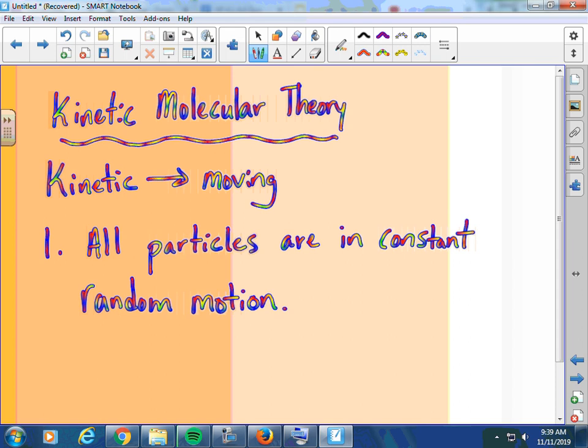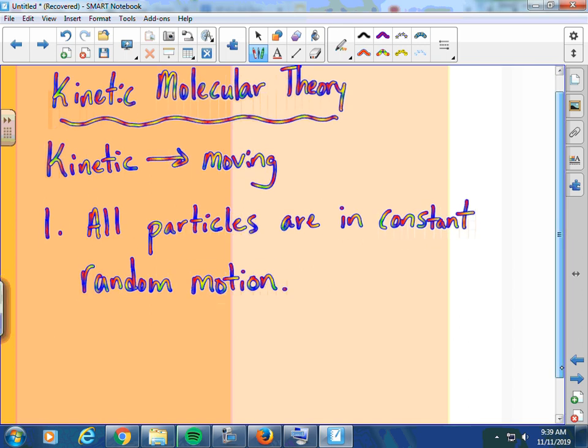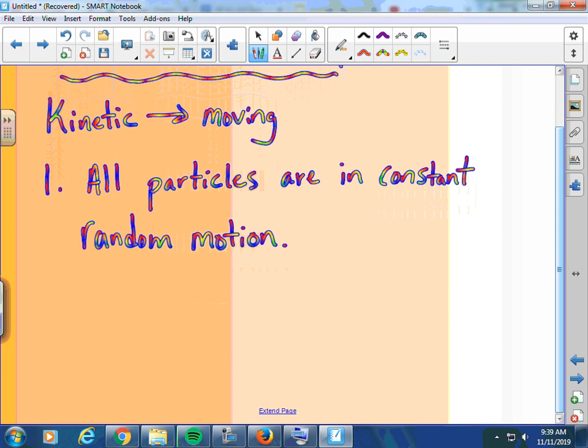This is what we were supposed to be modeling with our last quiz. In a solid, for example, they're just kind of jiggling back and forth. So we put all the dots close together, maybe in rows and columns too. Something like that. Some people were able to do that.